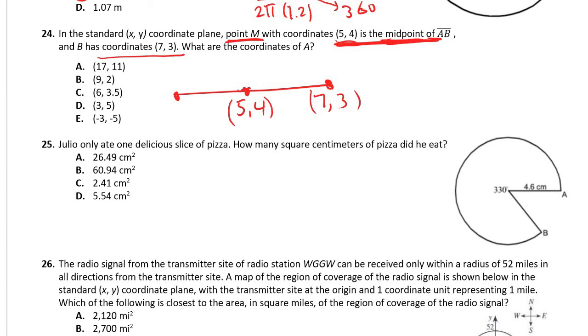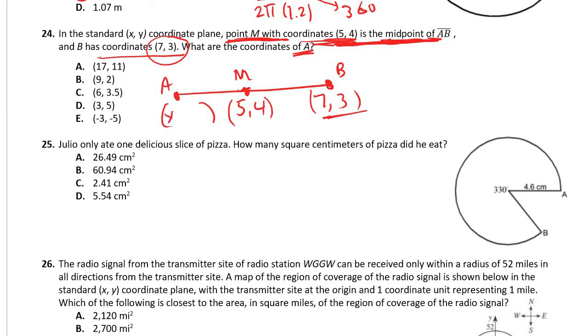So point M, that's your midpoint, is 5,4. It is the midpoint of AB. That's your AB. B has a coordinate of 7,3. What are the coordinates of A? We don't know what to put here. Remember, when you are dealing with midpoint, you are taking the average.